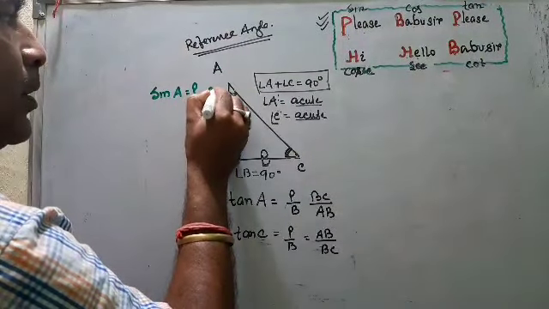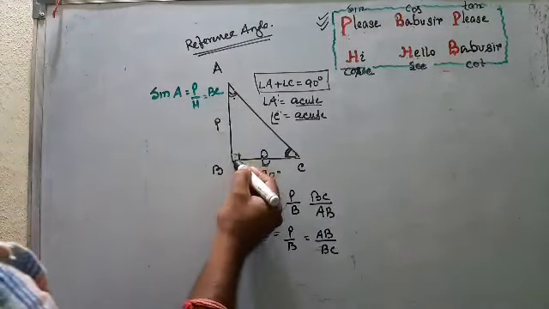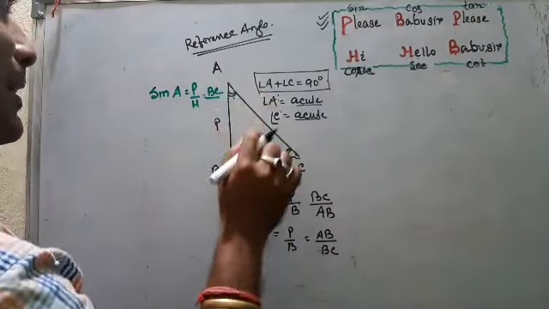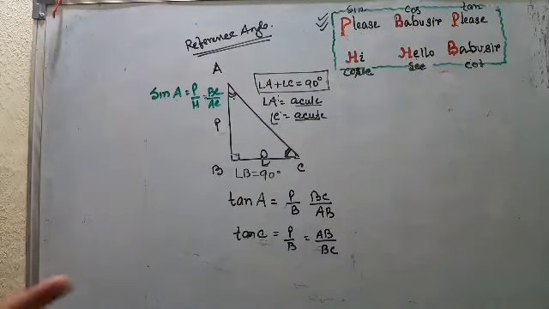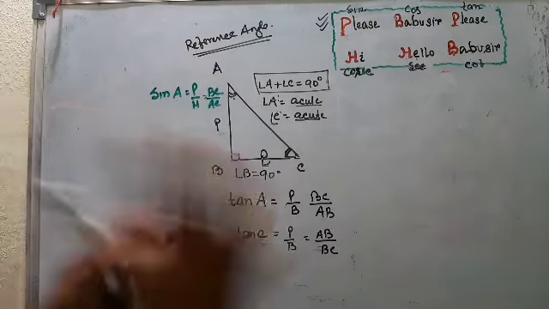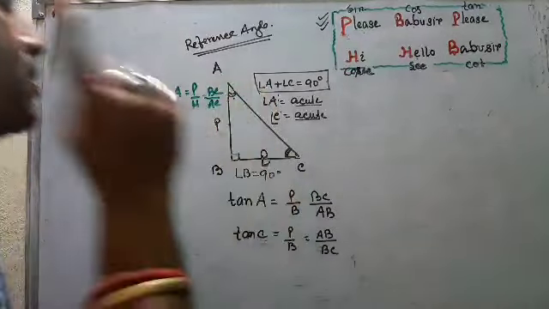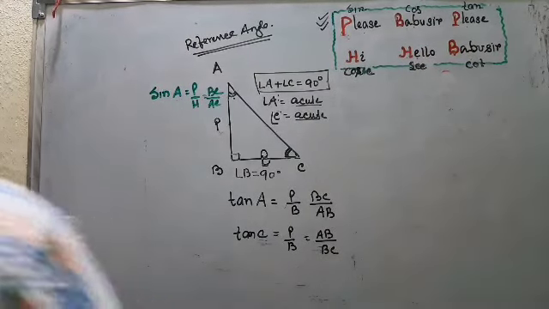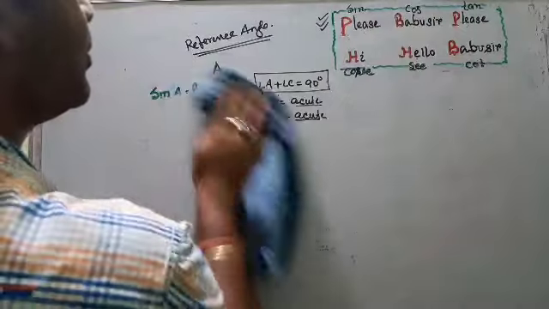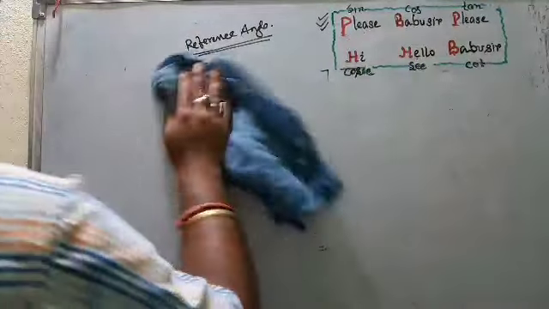So that's why BC is the perpendicular. And hypotenuse is common for all cases. Hypotenuse is AC. Clear? That means a reference angle is very important to confirm the perpendicular and base. Clear? So reference angle is clear.